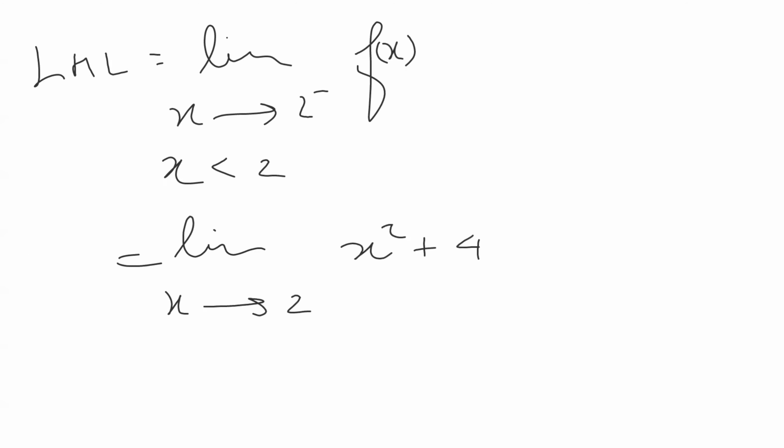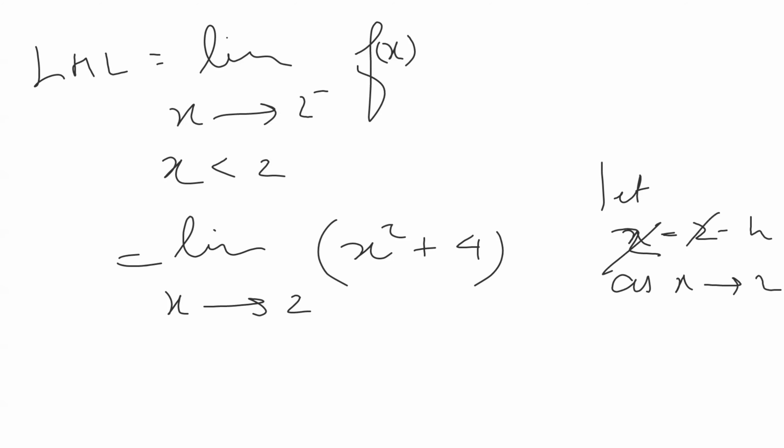Let x is equal to 2 minus h. As x approaches 2, 2 and 2 is gone, h becomes 0.